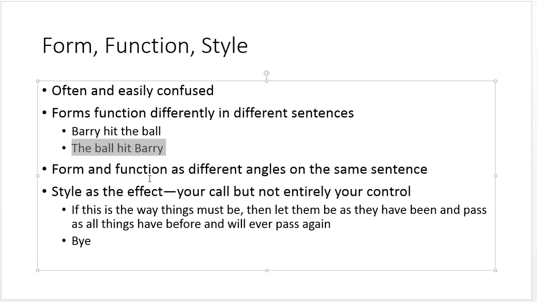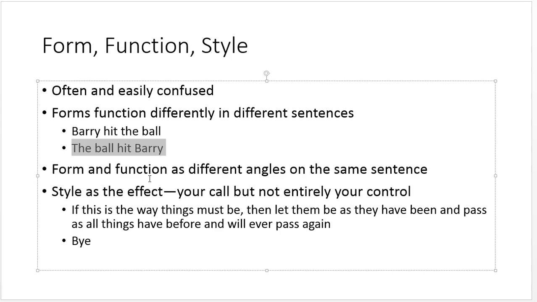So the ball is now functioning as a subject. It's still a noun. Hit is a verb, and it's functioning as a verb. Okay? Barry is a noun, but now he's functioning as the object. That's the distinction. So both of them are always going on simultaneously. It just depends on if you're looking at it from a form level or a function level.